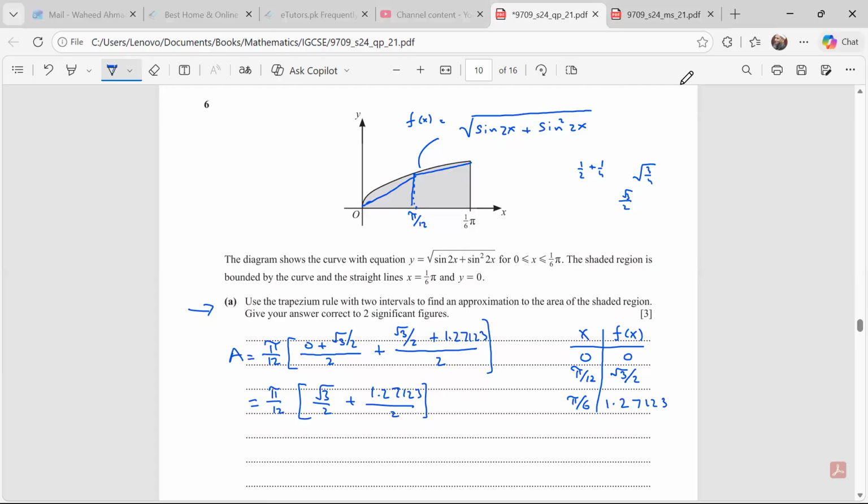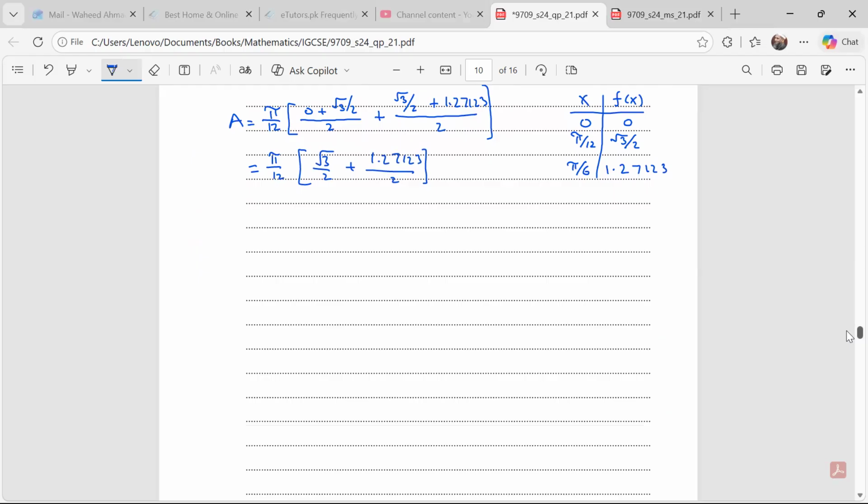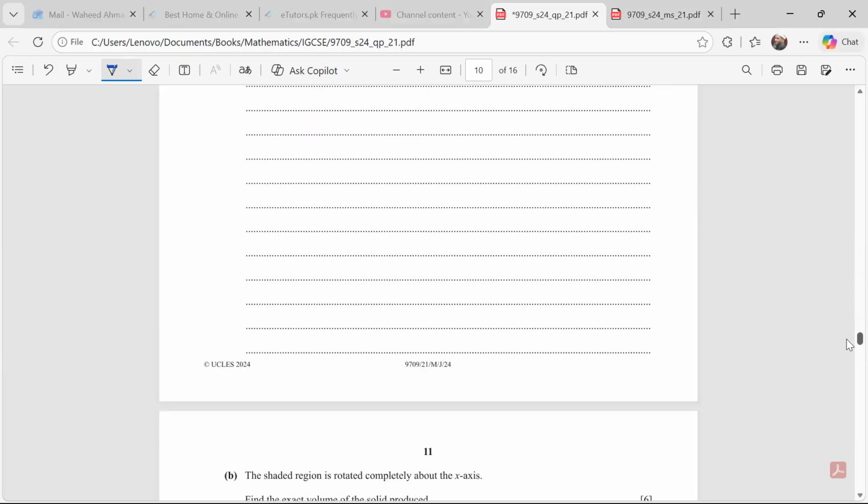This can be further simplified as pi by 24 times the bracket of root 3 plus 1.27123. Am I right? And this gives us the value 0.39313. So this is a numerical approximation for this integral. This is part A.